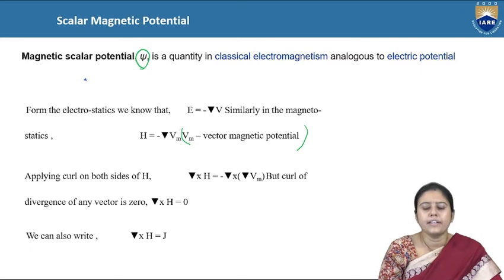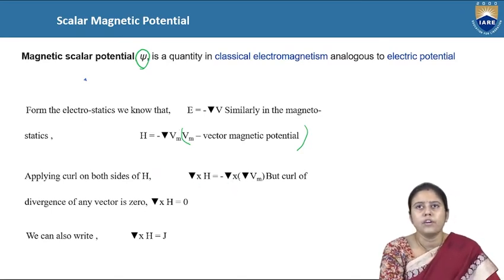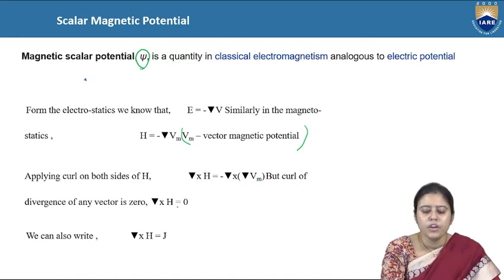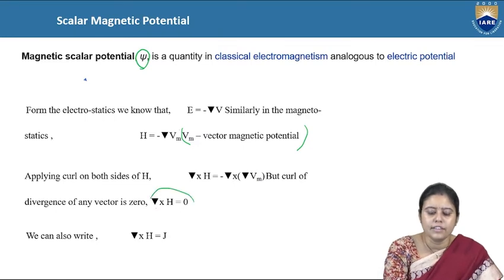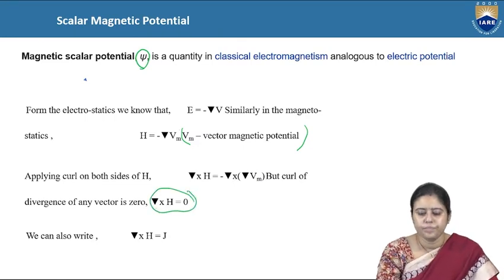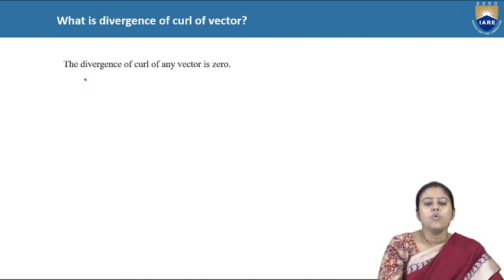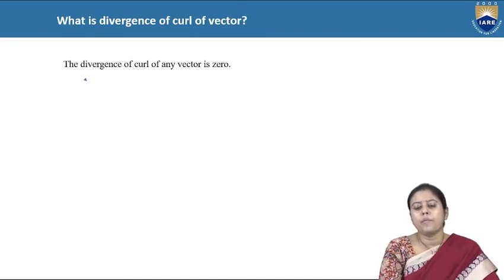Again, if we take the curl on both sides, what will happen? Grad cross grad Vm equals 0. So grad cross H is equal to 0. What is the divergence of curl of a vector? The divergence of curl of any vector is 0.